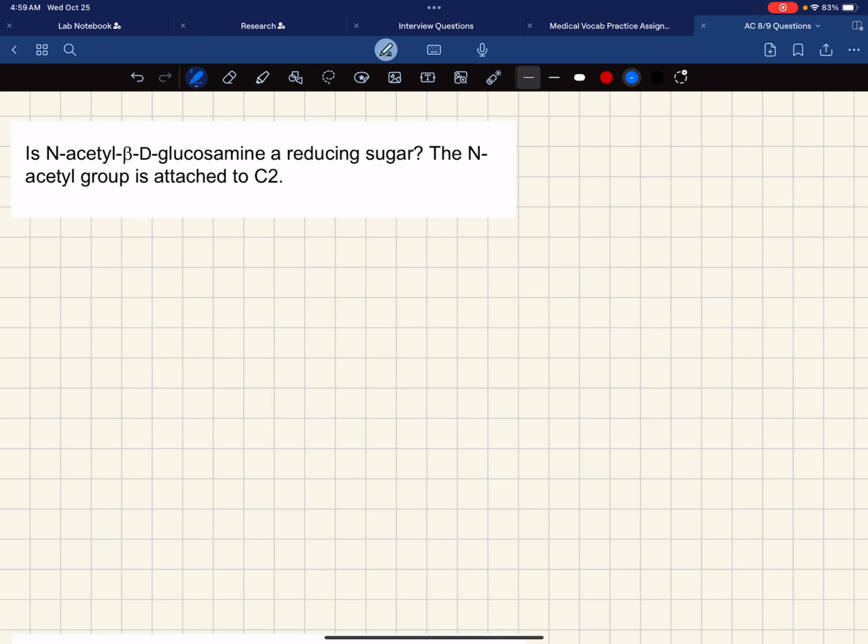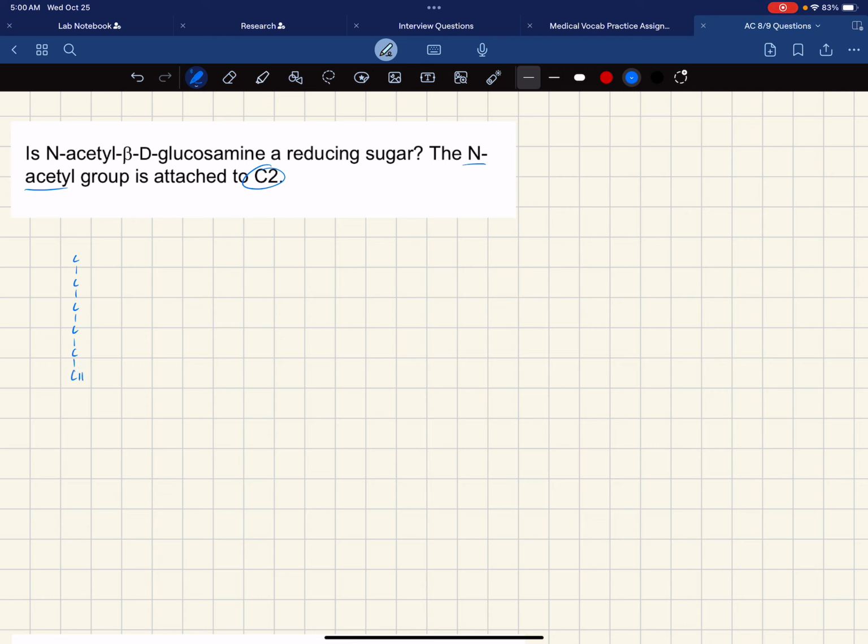And so the first one is this one asking if N-acetyl beta-D-glucosamine is a reducing sugar. And we have this information that the N-acetyl group is attached to carbon 2. So I think the first step here is just to draw glucose, which is 1, 2, 3, 4, 5, 6.